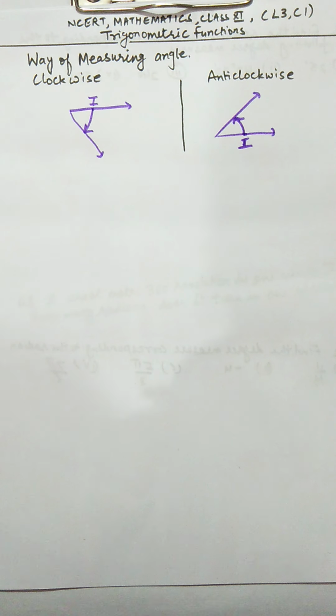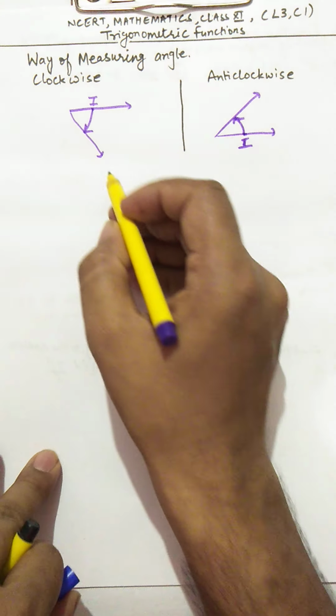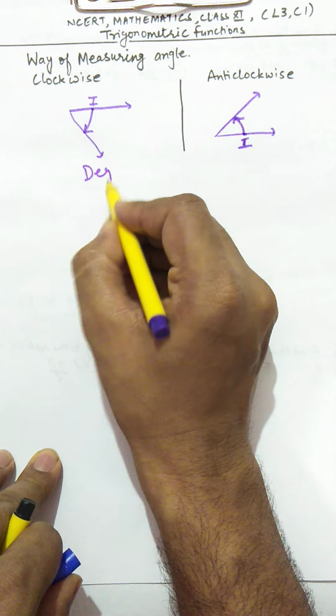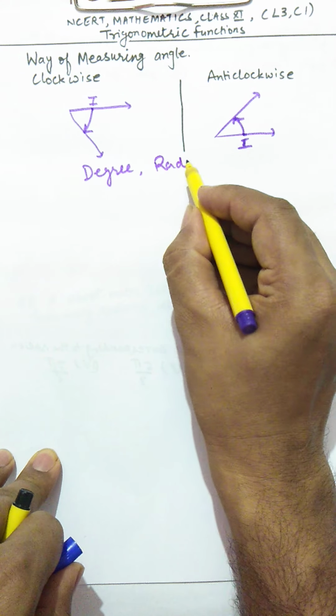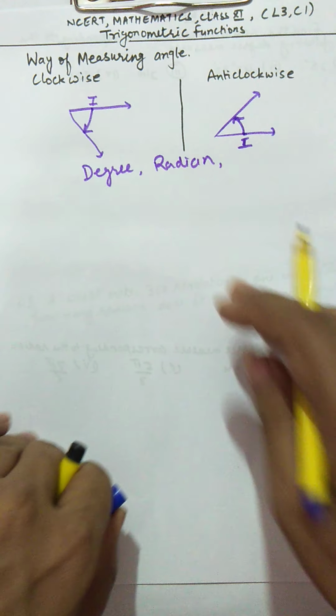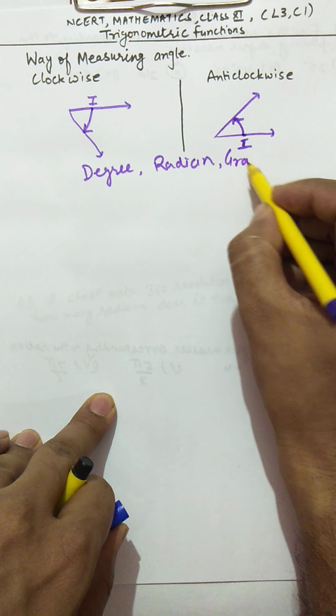Now you have seen that temperature is measured in degrees Celsius and Fahrenheit. Similarly, angles are also measured in three ways. First is the degree measure that you have already been doing. Second is radian, and third is grade.